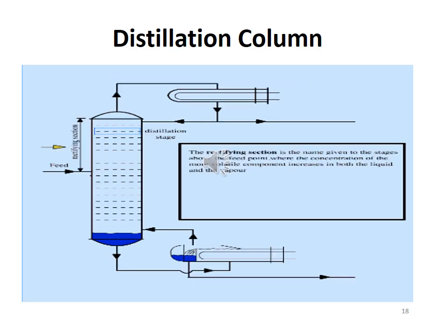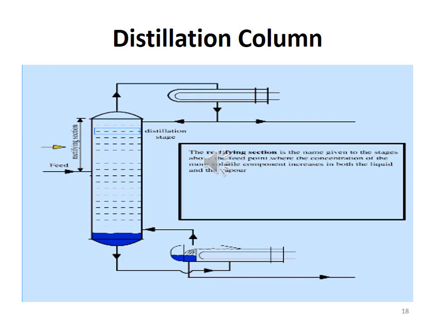The rectifying section, which is mentioned here by a yellow colored arrow, is a section where the concentration of more volatile components increases in both the liquids and the vapors. Above the feed point, the top section of the column contains almost all the components which have a low boiling point and are more volatile compounds.